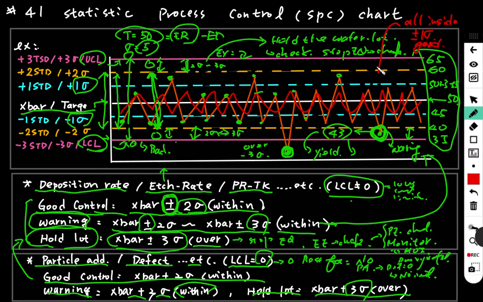Even then, the system will tighten your spec to make the sigma smaller, and let you control the chart to become very difficult to maintain.